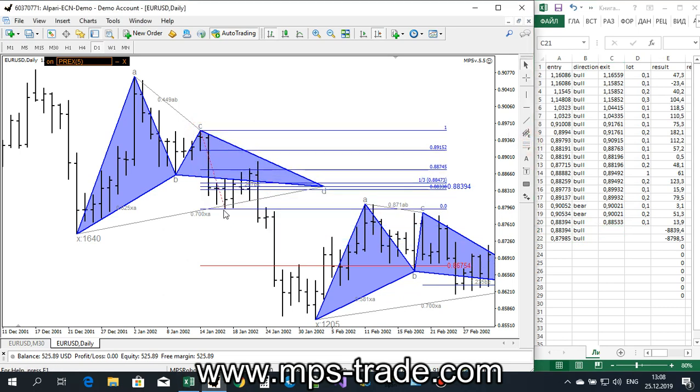The exit starts with this bull candle and hits our 1/3, at 0.88473. This time we had two positions, one of them 0.1 and 0.2, two trades in one position.